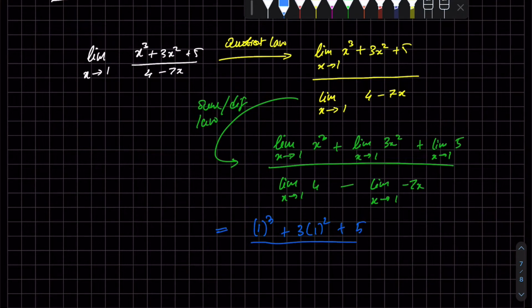And then this whole thing is divided by 4, because again this is not a function of x, minus 7 times 1. So 1 plus 3 plus 5 is 9, divided by 4 plus 7, which is 11. So the answer is 9 over 11.